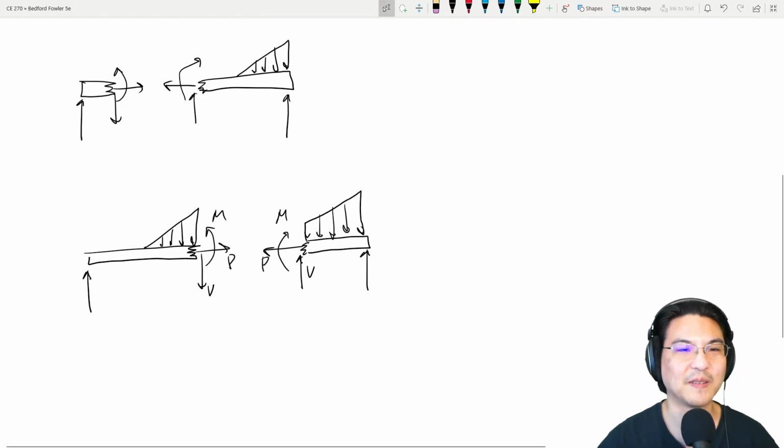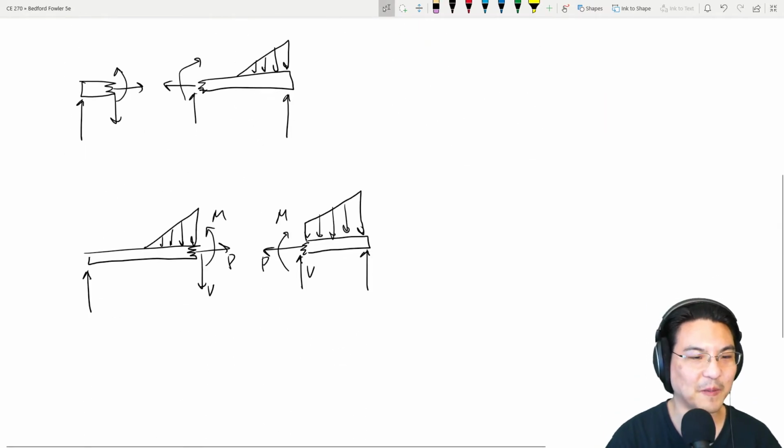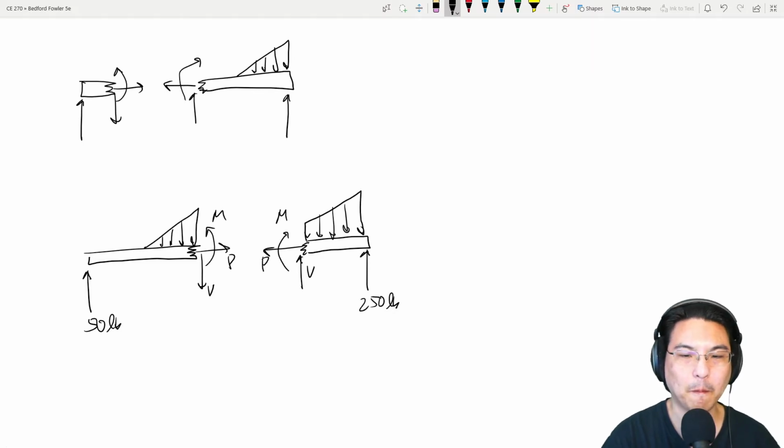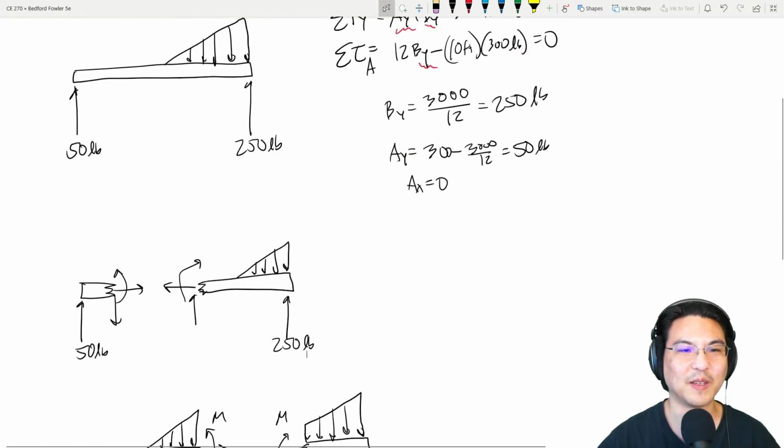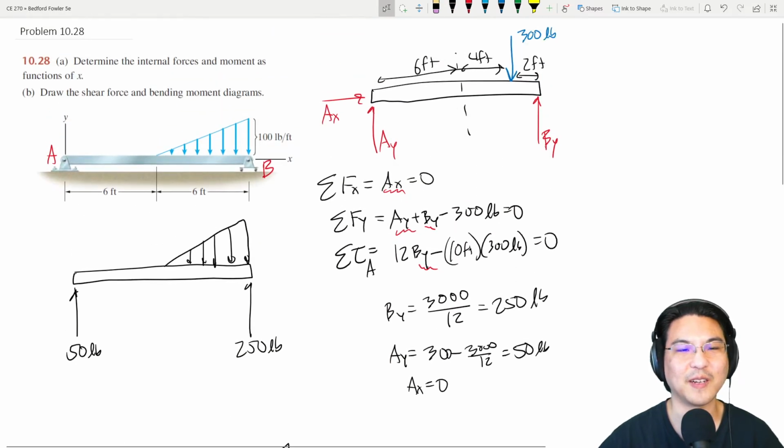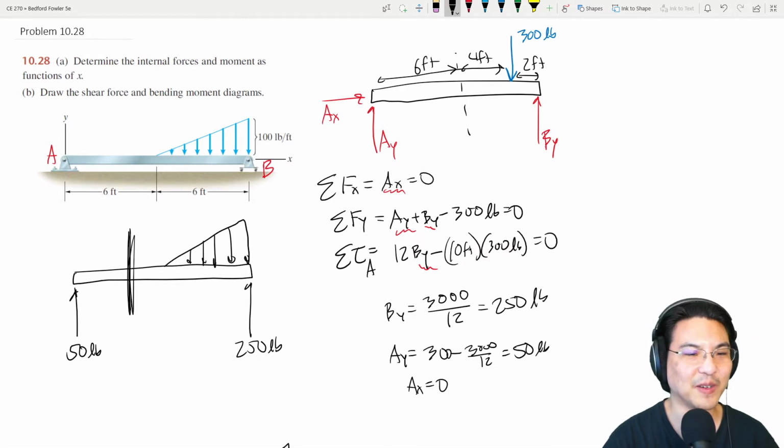How much was that again? 50 and 250. Okay. All right, so this particular problem, you have to make two different cuts, basically. So one between 0 and 6 feet over here, and then another one between 6 feet and 12 feet, right?